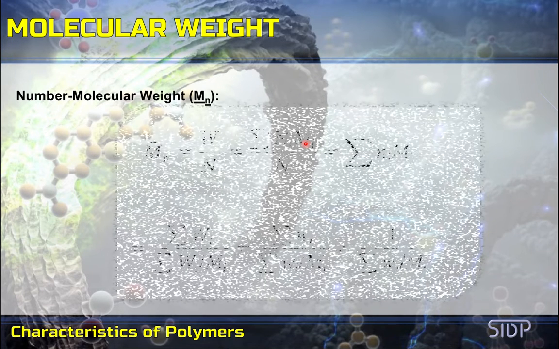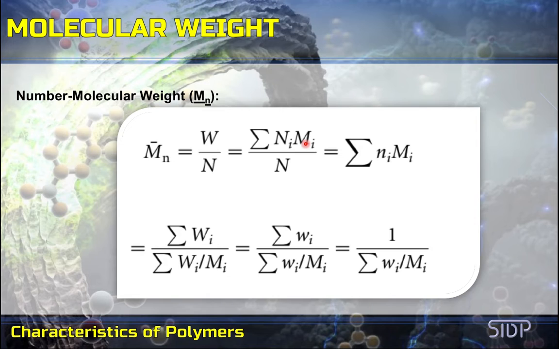Then we could define the number average molecular weight Mn as follows. From the definition of molecular weight as the weight of sample per mole, we obtain that Mn is the sum of the multiplication of the mole fraction of species ni by the molecular weight of the species Mi.